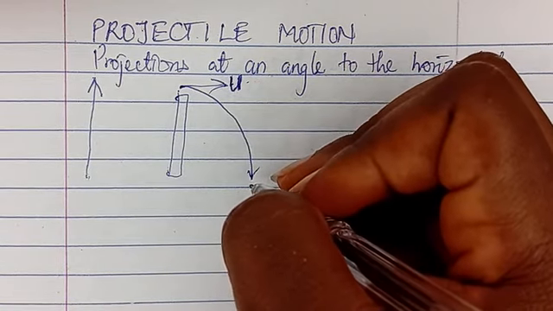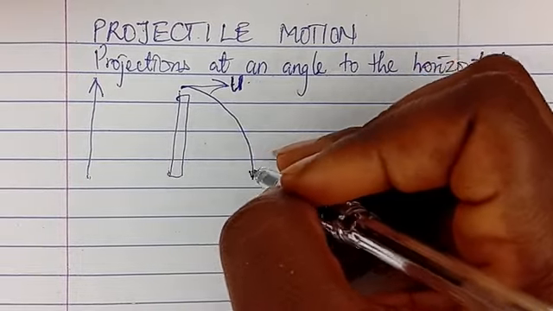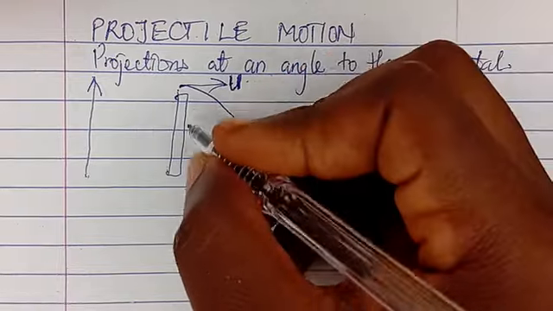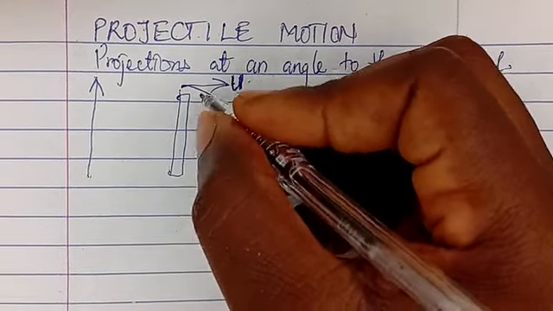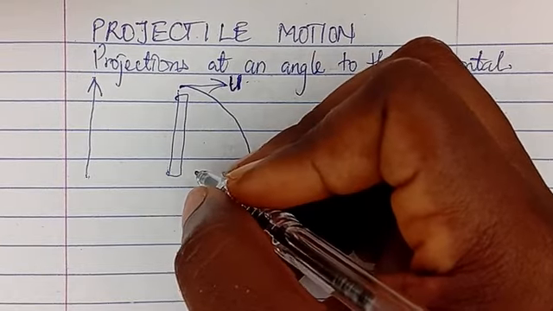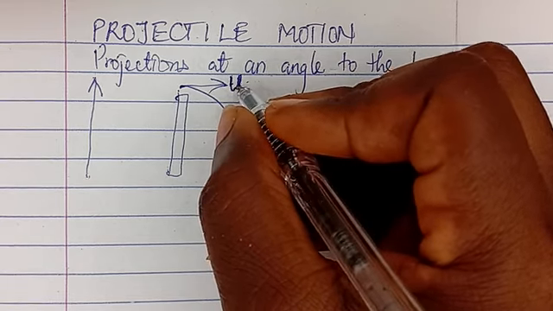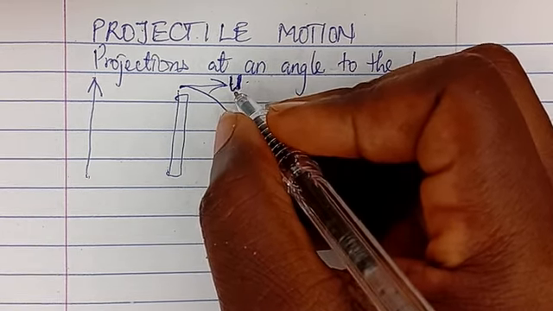The horizontal motion is totally dependent on it. And the vertical motion is totally dependent on acceleration due to gravity and independent of the velocity with which we threw it.